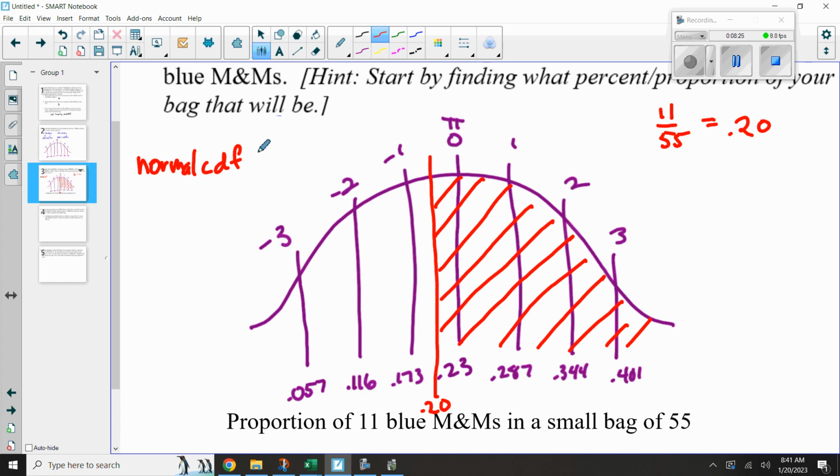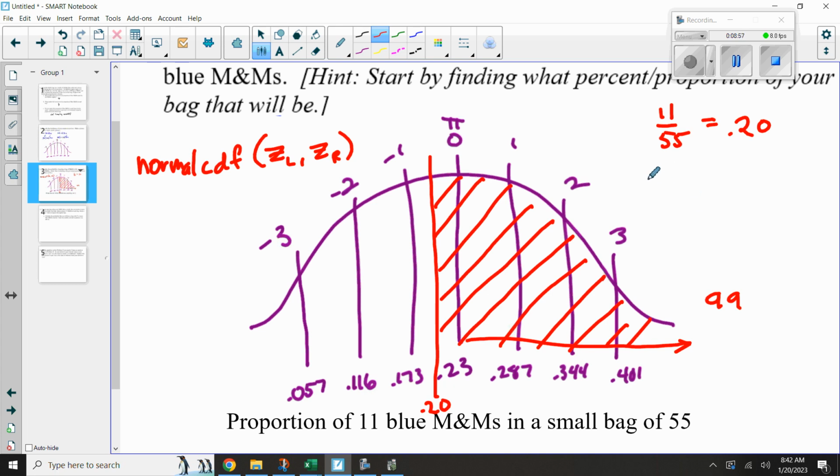And to do normal CDF, I need a z-score on the left and a z-score on the right. Well, I can see my z-score on the right because I'm looking for everything greater than 20%. Those z-scores are going to go forever. And since my calculator doesn't have a forever button, I know that I'm going to use the z-score of 99. But I need to find the z-score for the proportion of 0.20.